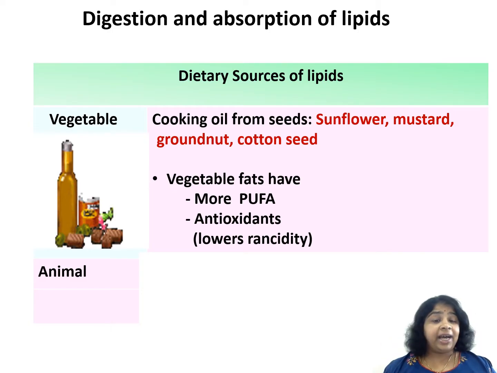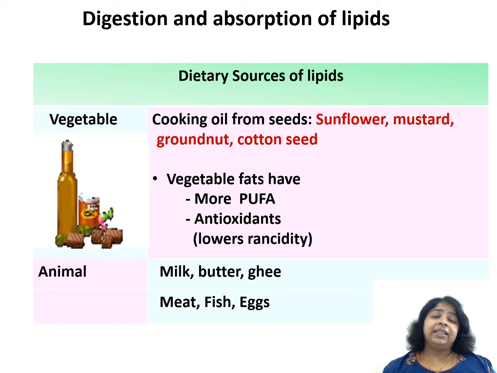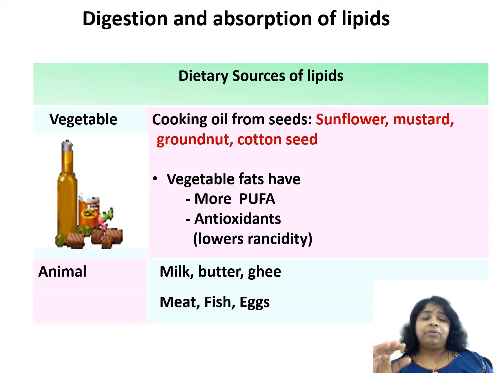Next, coming to the animal sources, we get lipids from milk, butter, ghee, that is milk and milk products, meat, fish, eggs. You might have heard of cod liver oil being very good, that is from fish. In this also, there is a concept of visible fats and invisible fats.